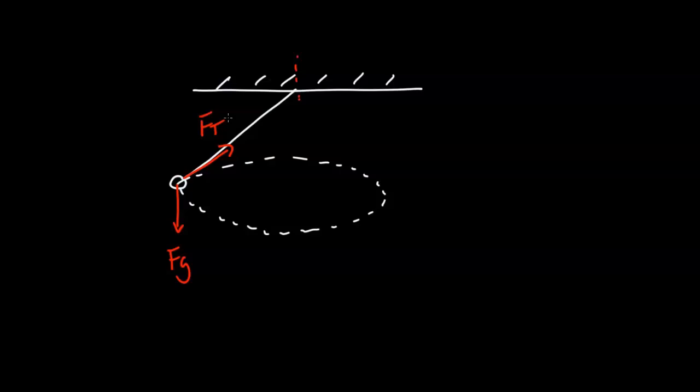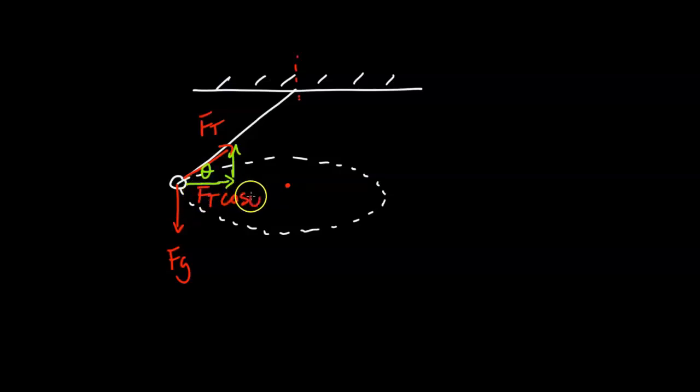And since the circle is right here, we're going to break this into components. So this has the x component and the y component. And let's say this is theta. So the component that's playing the role of the centripetal force here is going to be Ft cosine theta.